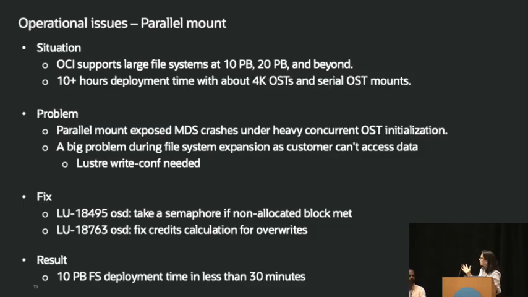This is almost 2,500 OSTs and somewhere around 200 OSS nodes. Earlier, for a 10 petabyte file system, it was around 10 to 12 hours, which got reduced to these 23 minutes. So that was a massive win for us and for our customers.